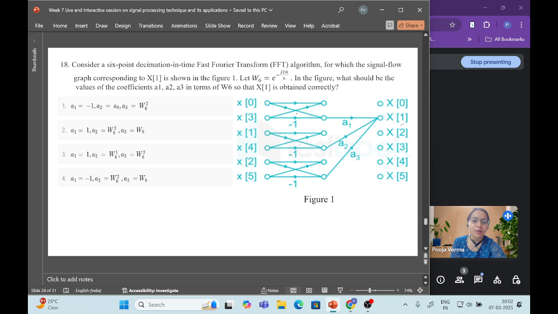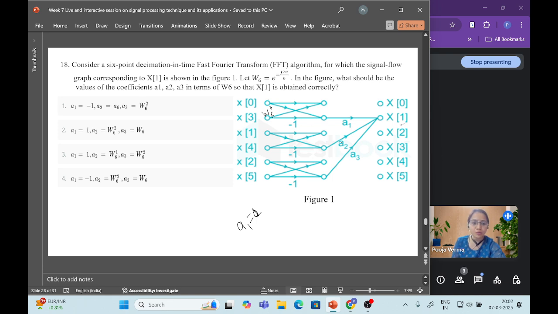So what we will get here: this value x(0) minus x(3), right? Just add this, and W6^0 will be there, but it is 1 only, so a1 is equal to 1.